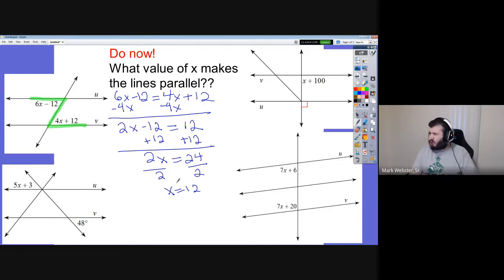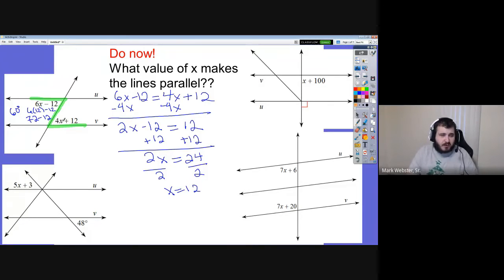And again, if you're not sure that what you've done is right, you can always plug it back in and make sure. 6 times 12 minus 12. Well, 6 times 12 is 72. Minus 12 is 60. So this angle is 60 degrees.